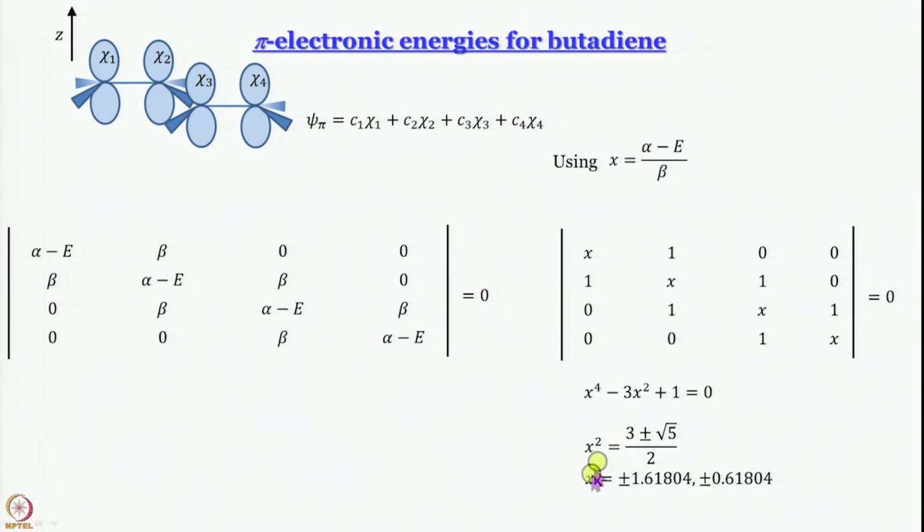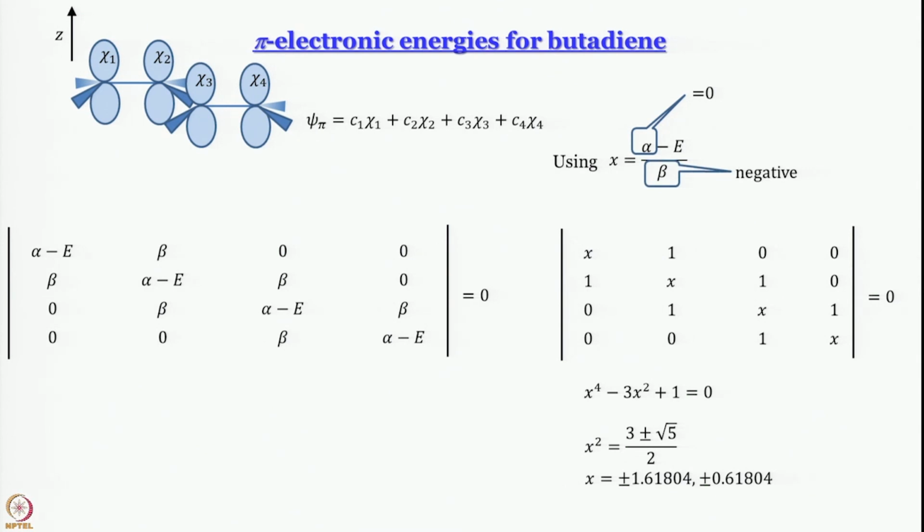Well, there is 1 and 0, the digits after decimal point are all the same. What is x? If you set alpha to be equal to 0, then x really is minus E divided by beta, is not it? So, it is an energy term in terms of beta, but in terms of negative beta also, let us not forget that.